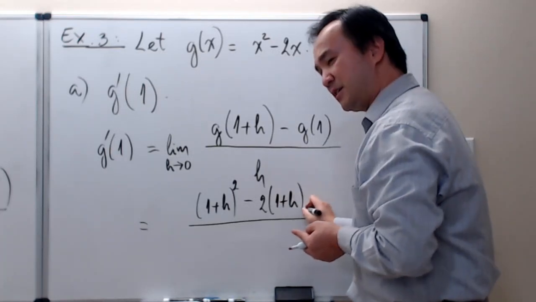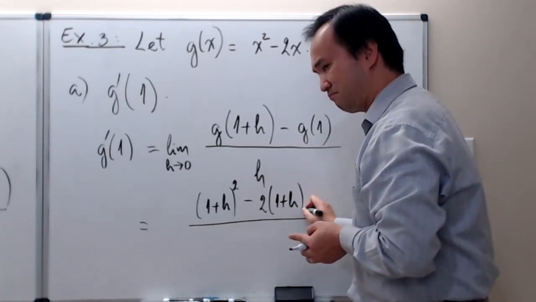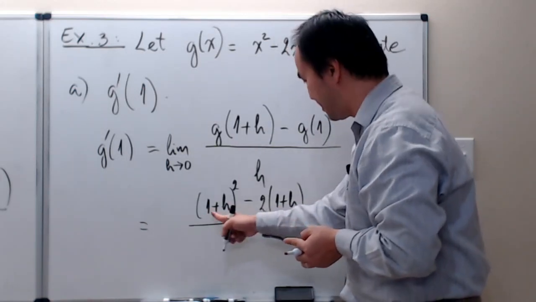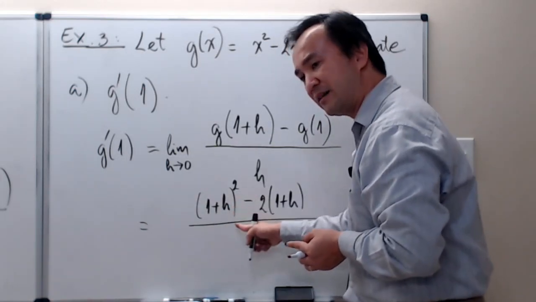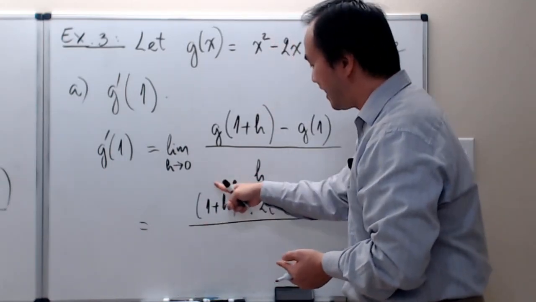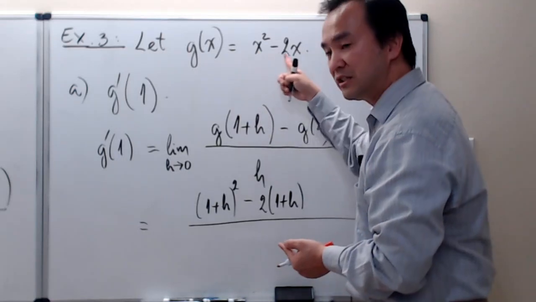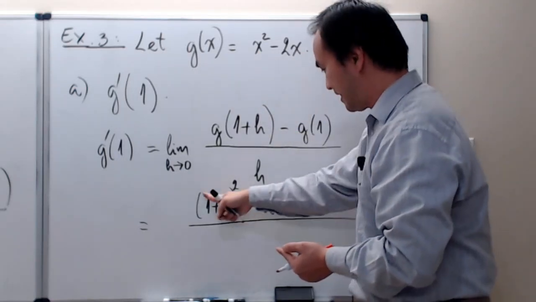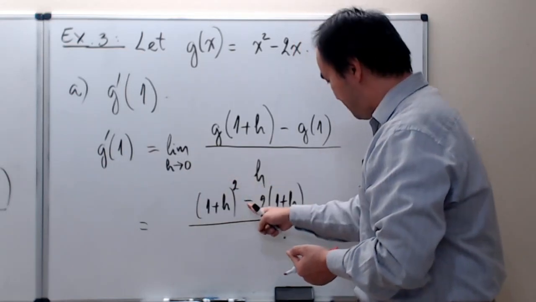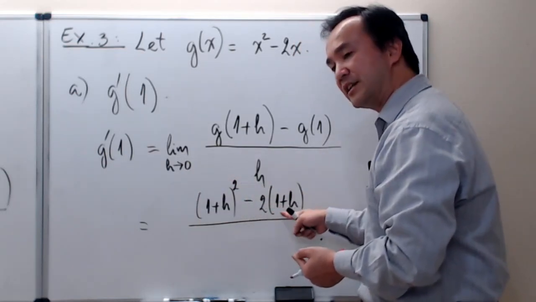I've done math for a long time, but I always use parentheses very carefully, especially anytime I'm substituting a value or an expression into the input variable of any function. That's the reason why I have 1 plus h in parentheses squared minus 2 times, in parentheses, 1 plus h.